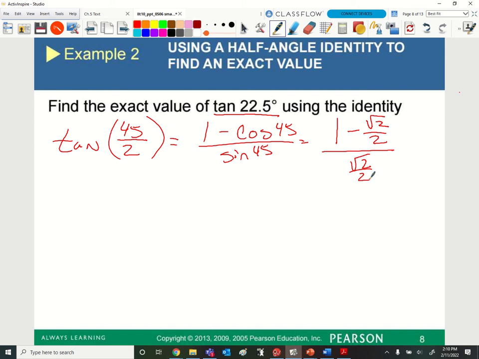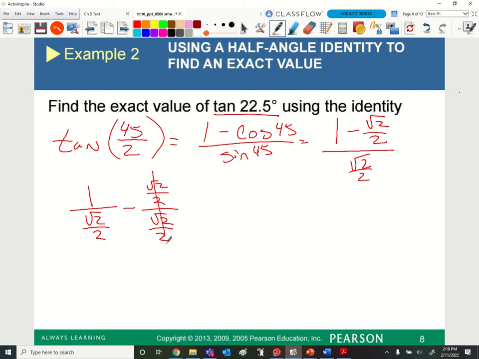So I could have 1 divided by rad 2 over 2, minus rad 2 over 2 divided by rad 2 over 2. This right fraction has the same thing on top and bottom, so what's that going to give me? 1.